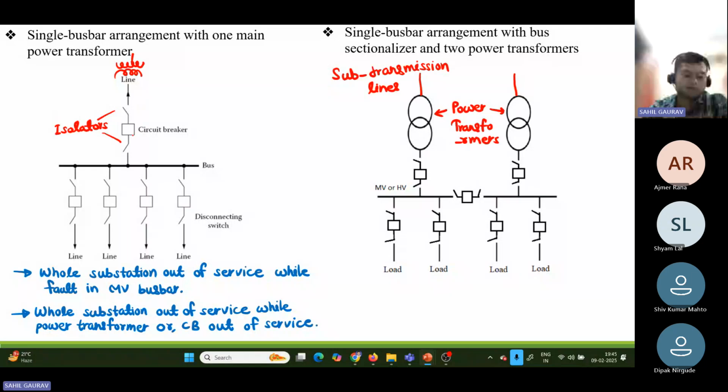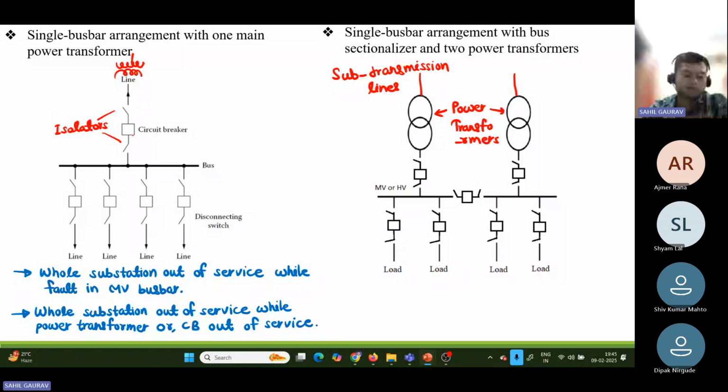For the outdoor substation, the space requirement is more, while for the indoor substation, the space requirement is less. And the cost for outdoor substation is cheaper, while for indoor substation it is expensive.